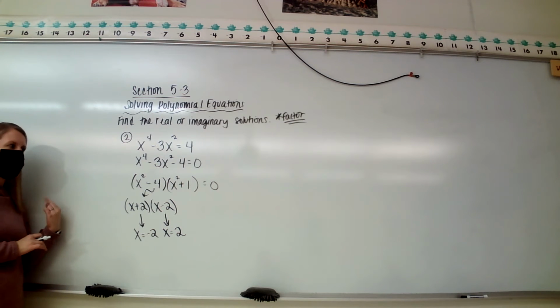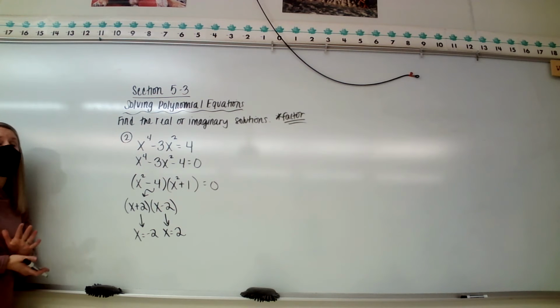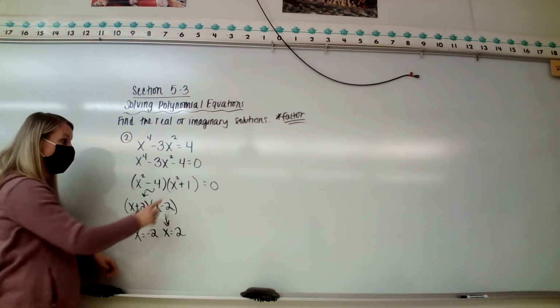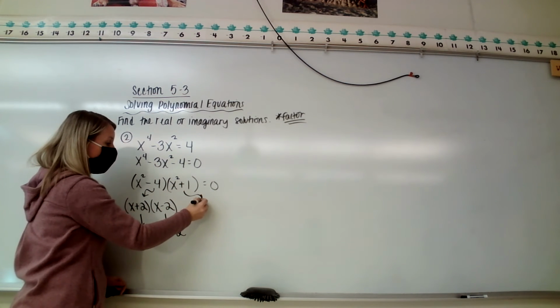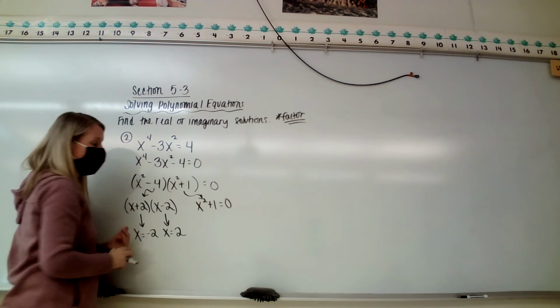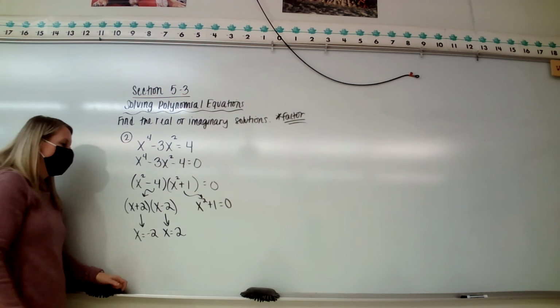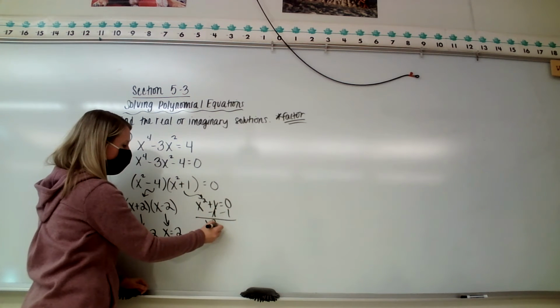X squared plus 1 is not a difference of 2 squares. There's a sum there. So if factoring is not an option, if something is not factorable, use a different method, because we know how to solve quadratics. I'm going to solve this using square roots. So you have square roots, completing the square, quadratic formula. You have all sorts of options. But square roots looks like it's going to be easiest for this one.